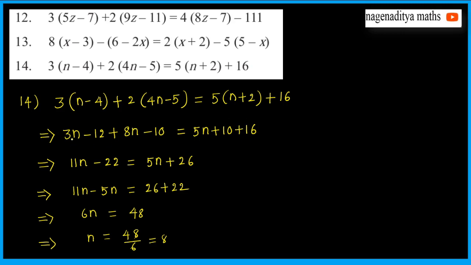Okay. 3n plus 8n, that is 11n, minus 12 minus 10, that is minus 22, is equal to 5n, 10 plus 16, that is 26. So 11n minus 5n is equal to 26 plus 22. 11n minus 5n is equal to 6n. 26 plus 22, that is 48. Therefore n is equal to 48 by 6, that is equal to 8. Okay.